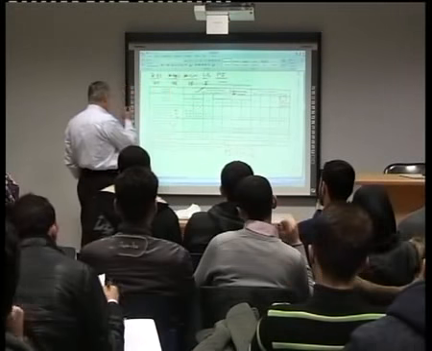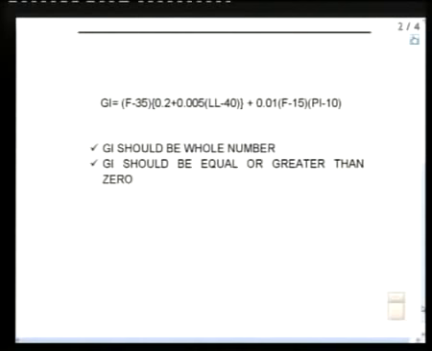Now let me go back to when we say, for example, the soil is A75. I should immediately write here group index, GI. Unless you write this, you will not get 10 out of 10, okay?